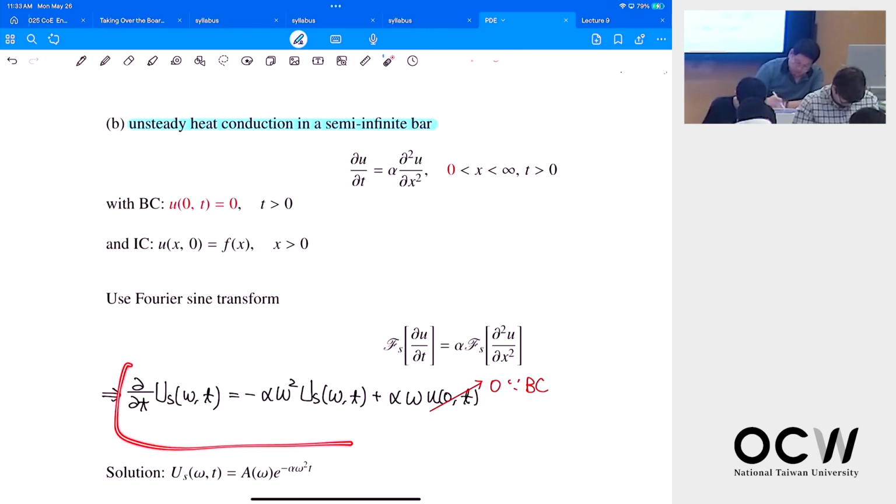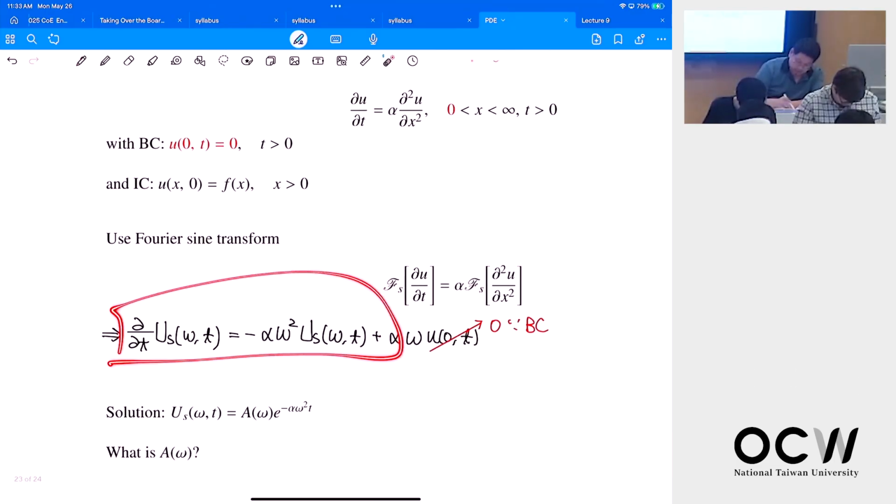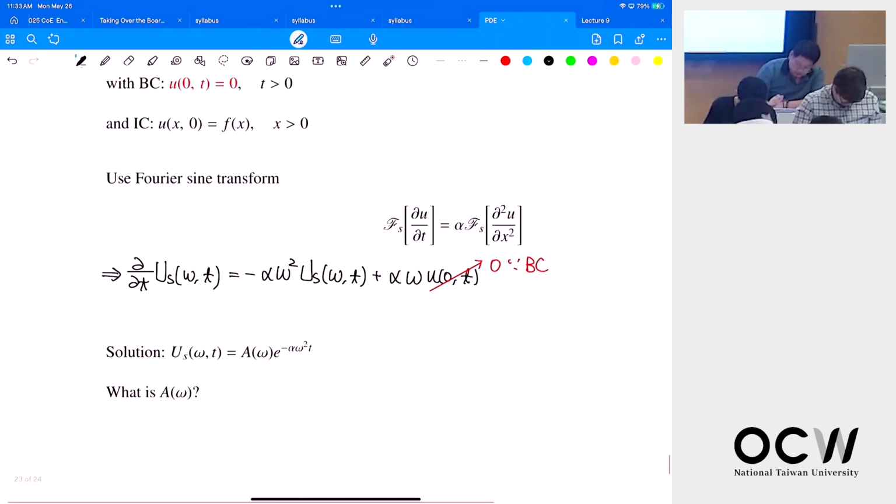Then to solve this equation, the solution is a function of omega times the exponential. There are also two functions. You can think about convolution later, maybe. To find A of omega, this function, we need to use the initial condition.